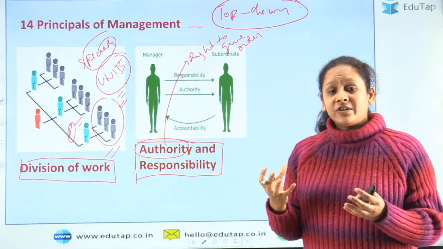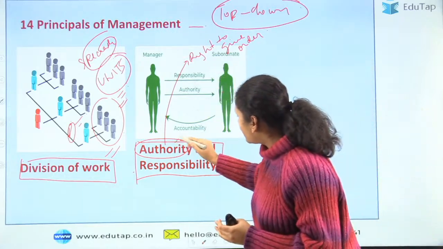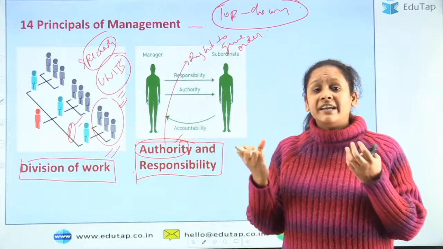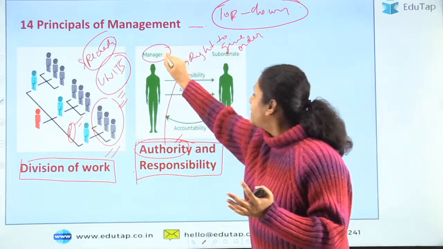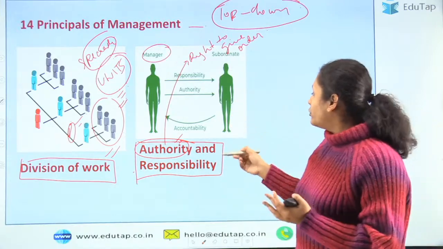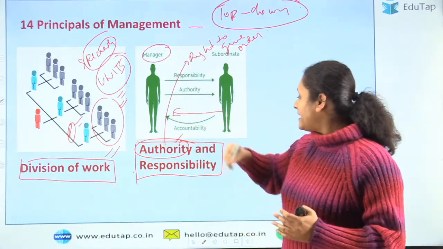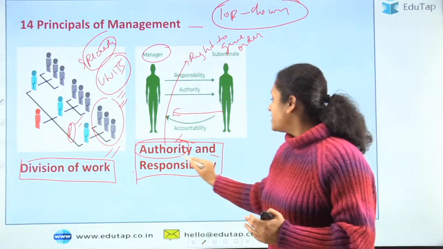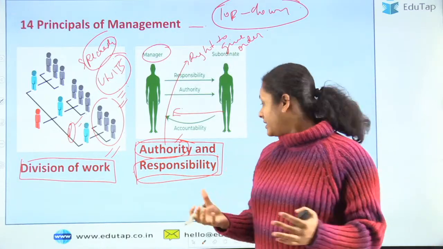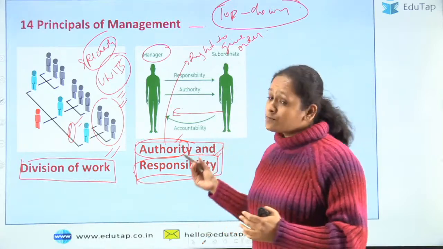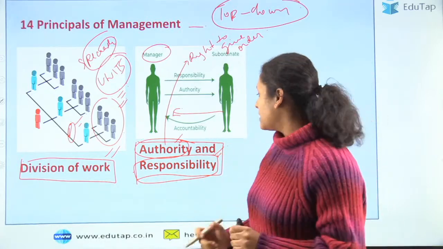And in return, the person who is giving the order expects obedience. Or in simple terms, a manager would be expecting the employee to be accountable and carry out the task. And what is responsibility? Responsibility is nothing but the person being responsible to carry out the task.